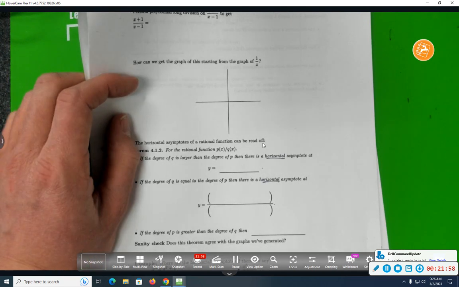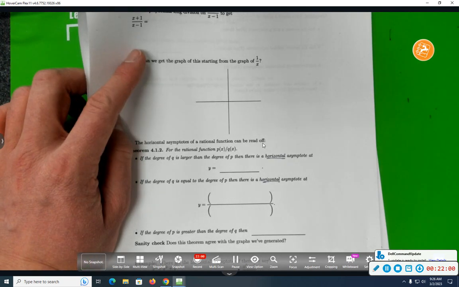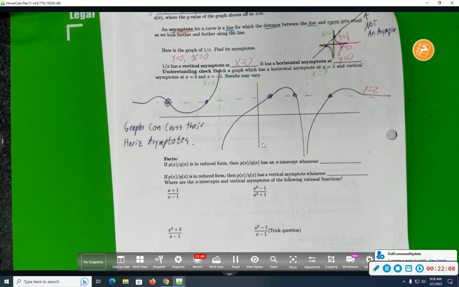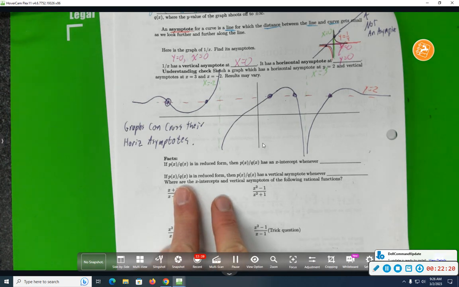So let's build a little bit more intuition by looking at some more graphs. And then we'll put that on the next page, I guess. So, let's talk about vertical asymptotes first. And we've talked about vertical asymptotes a little bit already. So there will be this thing where the y values shoot off to plus or minus infinity whenever the denominator is 0.